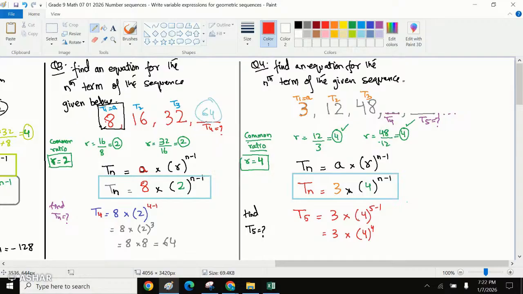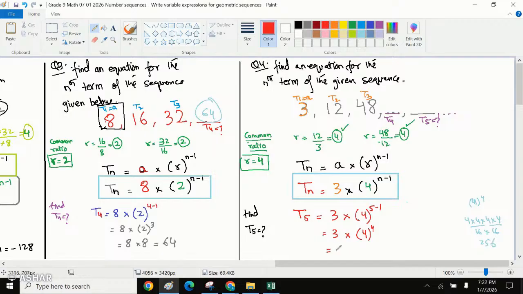The easiest way to solve 4 exponential 4 is, okay, I'll just give you an explanation. 4 exponential 4 can be written as 4 multiplied by, I'm just giving you an example. This can be 16 times 16, right? Or 4 square exponential 2. So that would be 256.